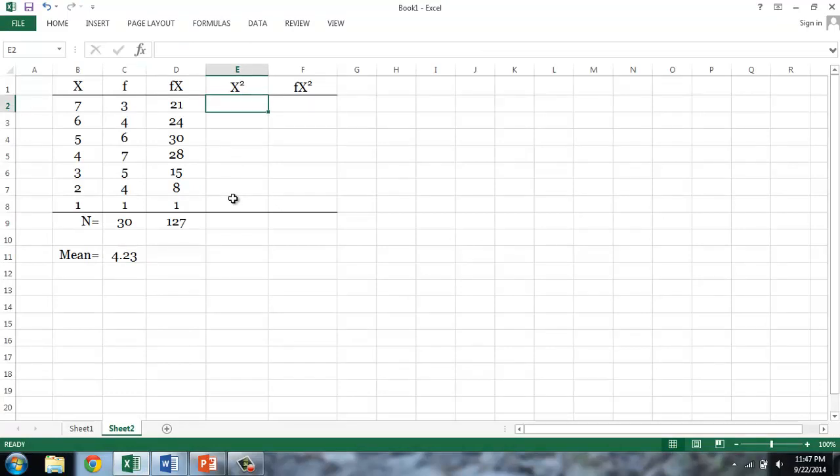So I've created an x squared column, very similar to the previous example, and I'll simply type in equals, click on the x, a caret, and then 2, which squares my x value, and copy that into the remaining rows, and then multiply that squared score by the frequency.